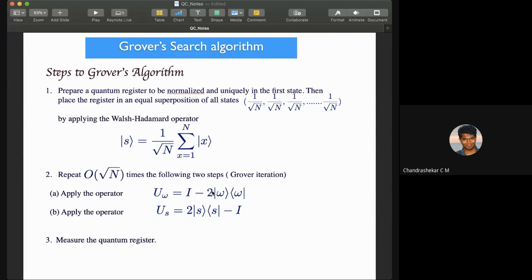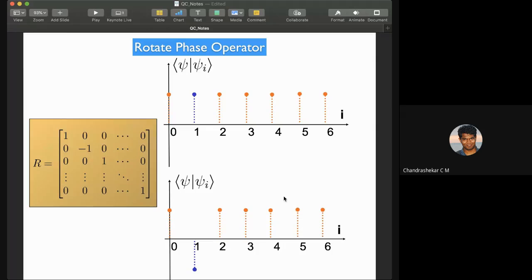So imagine that the first matrix is an identity at all positions, and the second is 0 at all diagonal elements and -2 only at this particular marked state. Both of them are diagonal matrices. The first one is 1 at all positions, the second is 0 at all positions, and only at the marked position you have -2. So 1 minus 2 is -1. That's how you end up getting it.